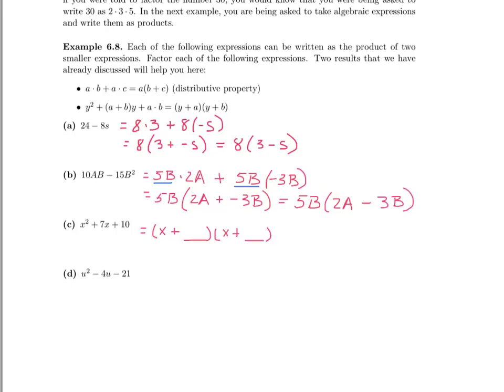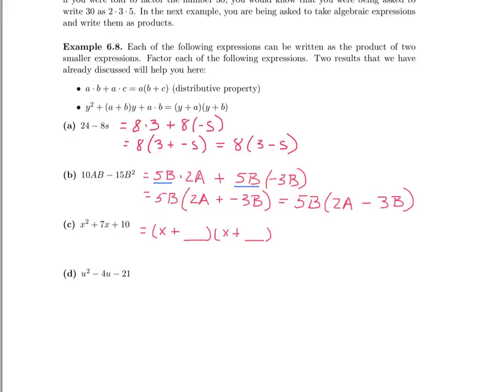Remember how we said you take every term from the first sum and multiply it by every term in the second sum. Well, when we multiply the x by the x, that's what's giving us the x squared. Eventually, we will have to multiply this number by this number, and the result will have to be the 10. So this number times this number has to be the 10.